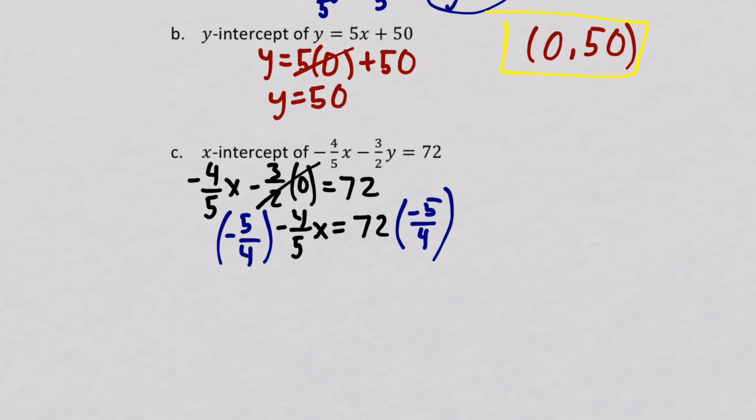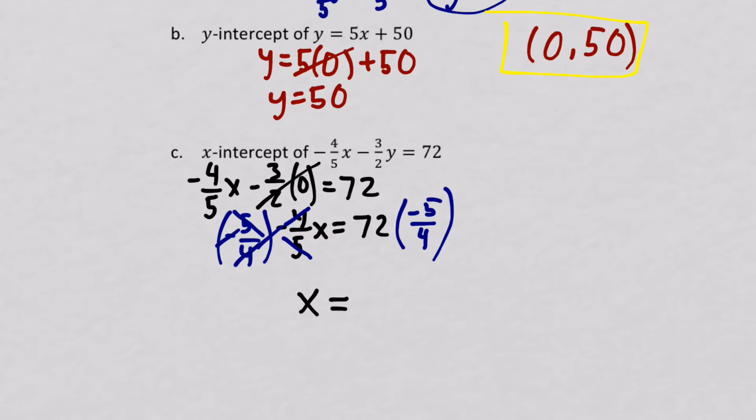So it looks like that. And then what's going to happen when you multiply negative 4 over 5 times negative 5 over 4 is that the 5's will cancel, the 4's will cancel. Negative times negative right here will be positive. So all that is left is x. Right? The negative and the negative will become positive. So what will be left? Just simply x. On the right side, you will have to do a little bit more work.